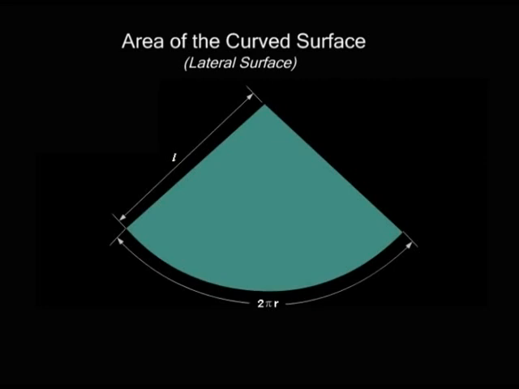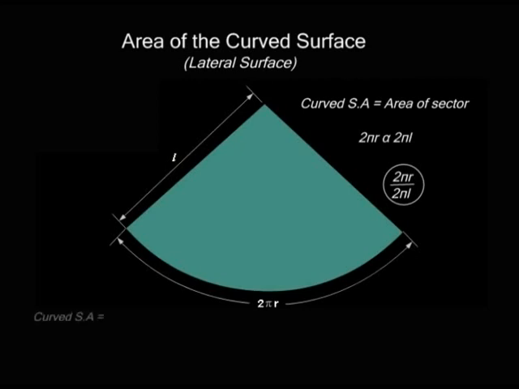Curved or lateral surface area of a cone is equal to the area of the sector, which is a fraction of the area of a circle. The arc length is also a fraction of the circumference of the circle. This fraction will be 2 pi r over 2 pi l because the full circle will have a radius L. Lateral surface area is equal to arc length over circumference times the area of the circle.